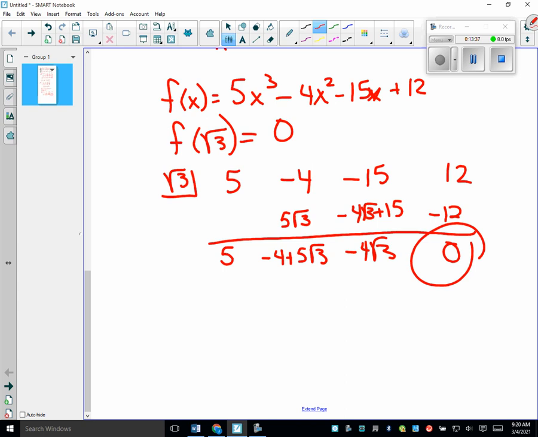The difference is, instead of using this part for my answer, this is my answer. That's the only difference. Cadence, did that make more sense said that way? Yeah.